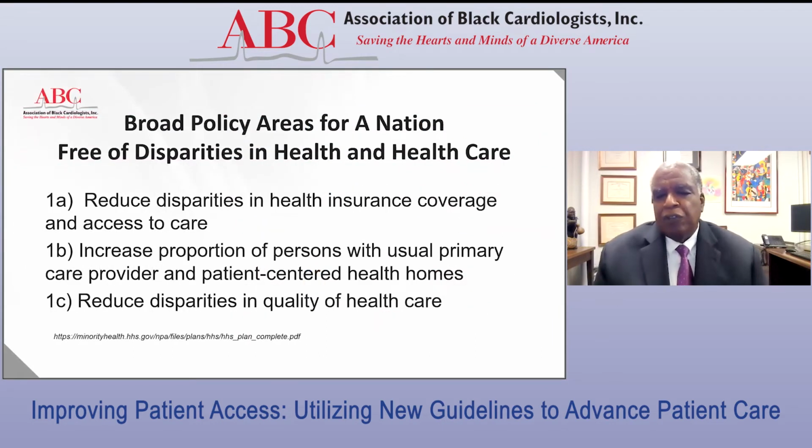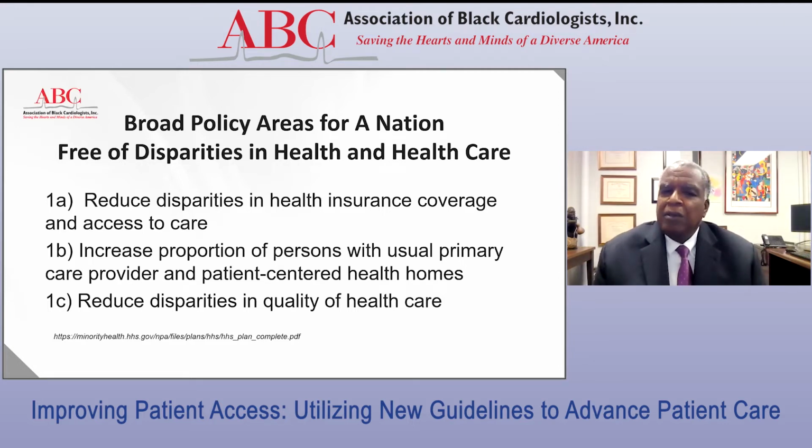So I mentioned we were going to look for some solutions, and I'll do this very briefly. There are several broad areas that I think we should address. One is everyone should have adequate health insurance, not insurance that's suboptimal, and clearly the lack of insurance is a huge barrier to care. People need a primary source for their health care with appropriate referral to specialists, and we need to reduce disparities in health care.